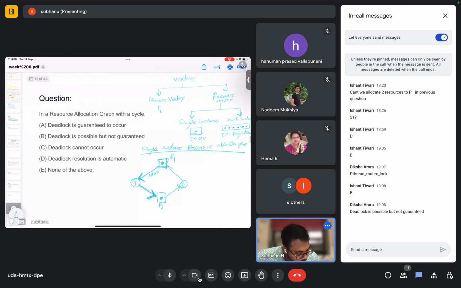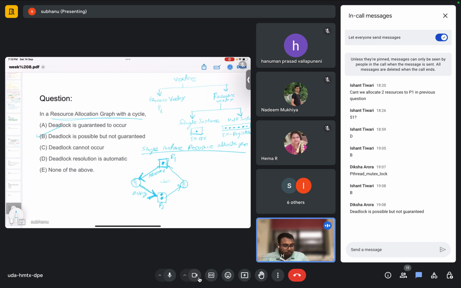So this is a resource allocation graph. If there are multiple instances, then it is called a multi-instance resource allocation graph. In this scenario, if there is a cycle, then deadlock is possible but not guaranteed.